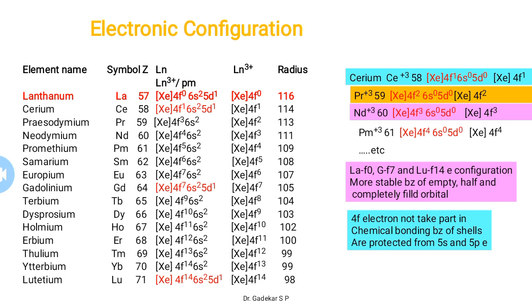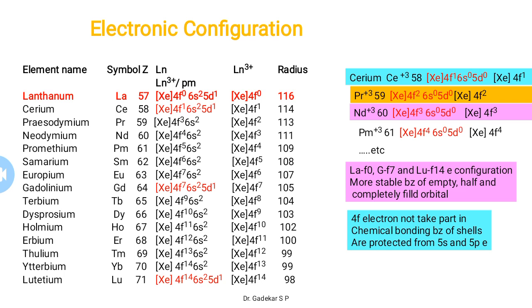Only lanthanum, gadolinium and lutetium possess a single 5d electron.